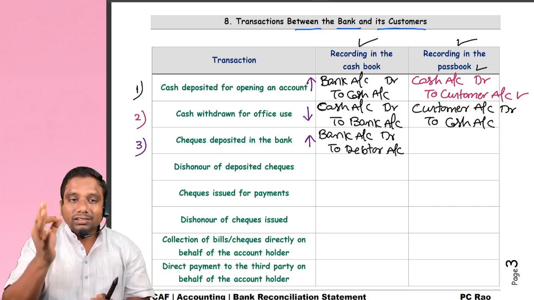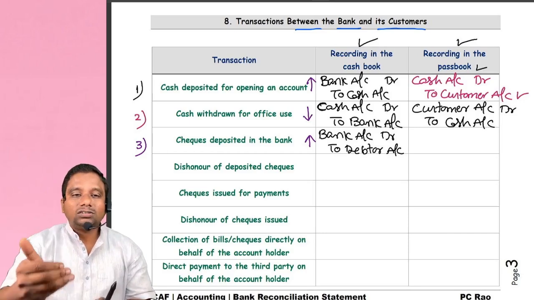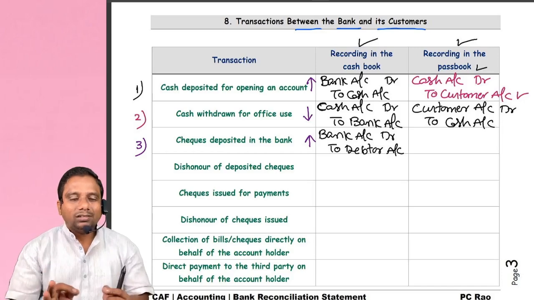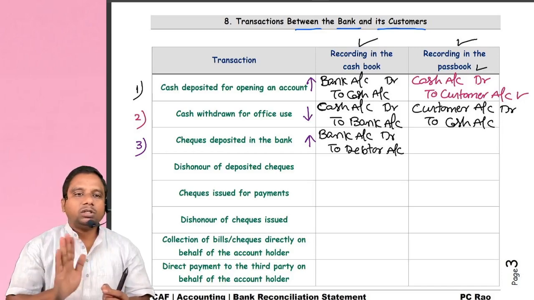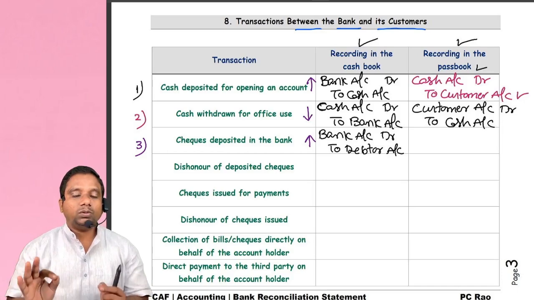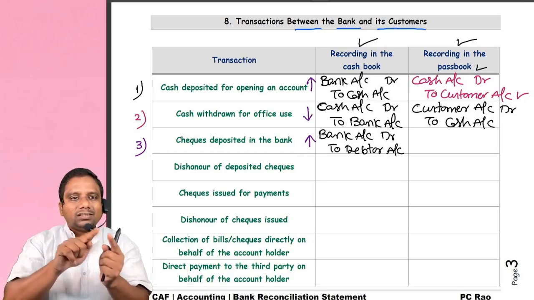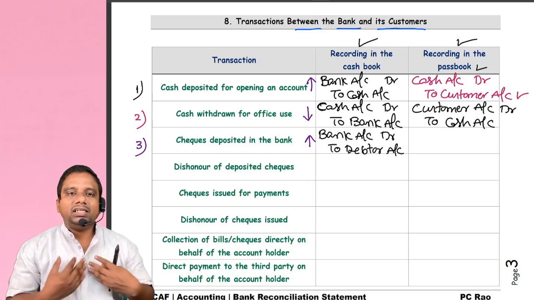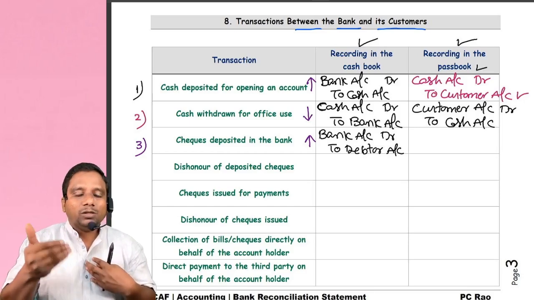After collecting the check amount, bank records the same transaction in the passbook. Till it collects the check, it will not make any record in the passbook. So here there is a time gap between recording check deposit entry in our books and in the bank books.